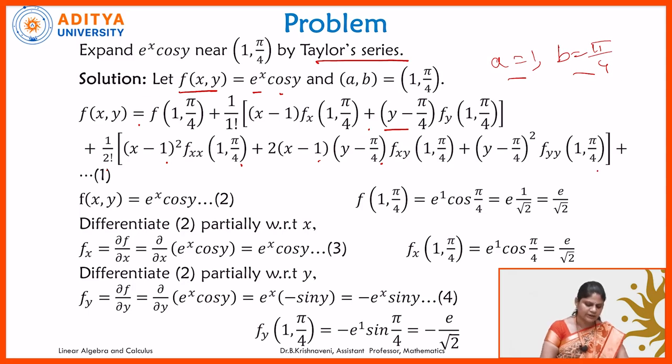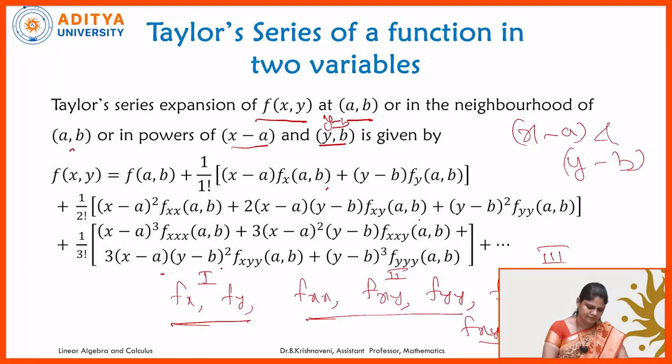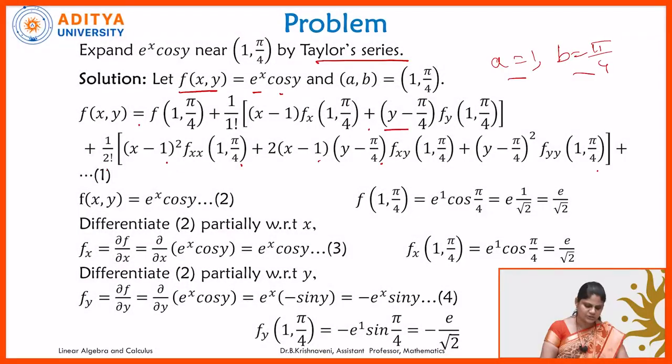Here we wrote the Taylor series up to two terms, which includes first order and second order partial derivatives. In the given question, we replace (a,b) with (1, pi by 4).